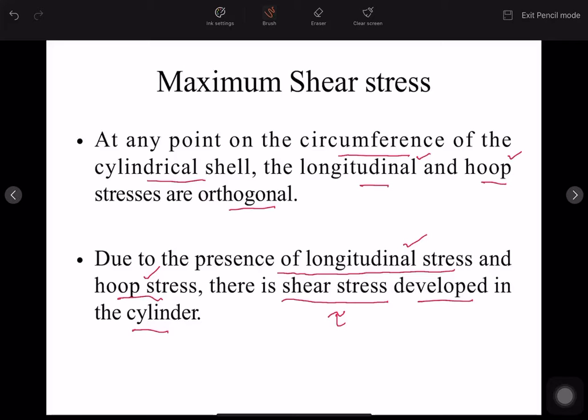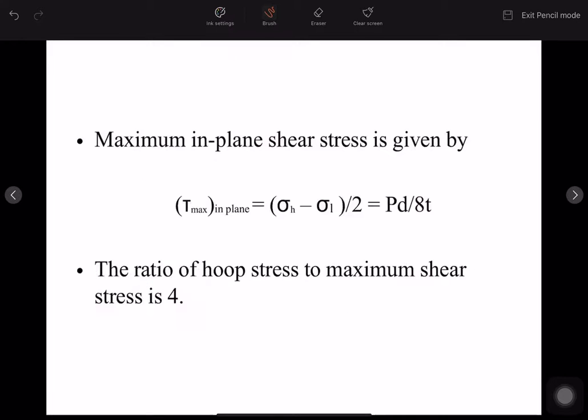So we'll see how we can calculate it and what will be the equation for this shear stress.